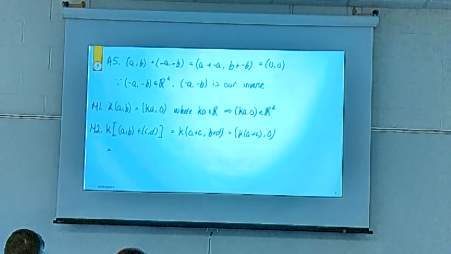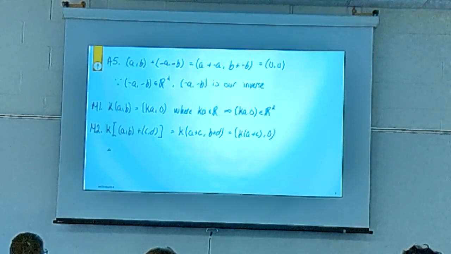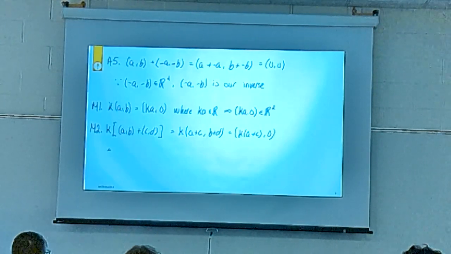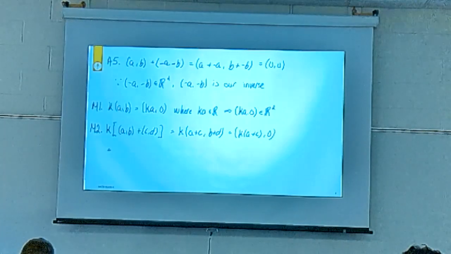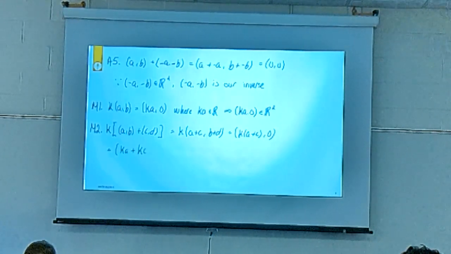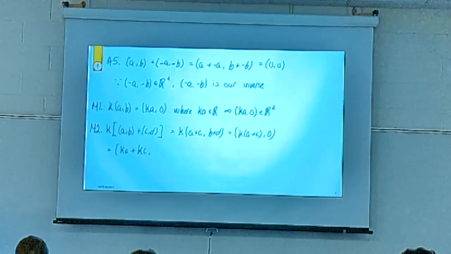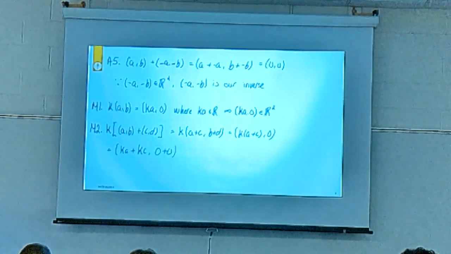K, A, and C are all real numbers, right? Multiplication of real numbers distributes across addition of real numbers. I'm going to do another step. The 0 can be written as 0 plus 0.